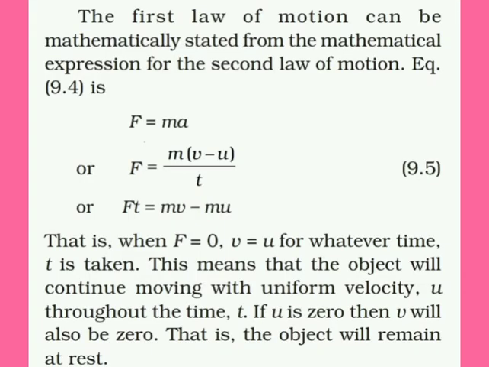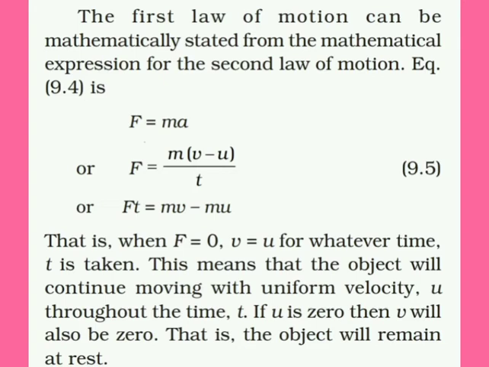The first law of motion can be mathematically stated from the mathematical expression for the second law of motion. F equal to ma or F equal to m into (v minus u) by t or Ft equal to mv minus mu. That is, when F equal to 0, v equal to u for whatever time t is taken.